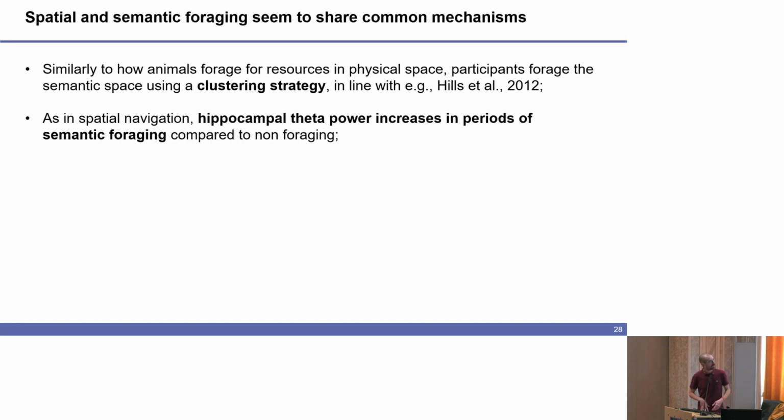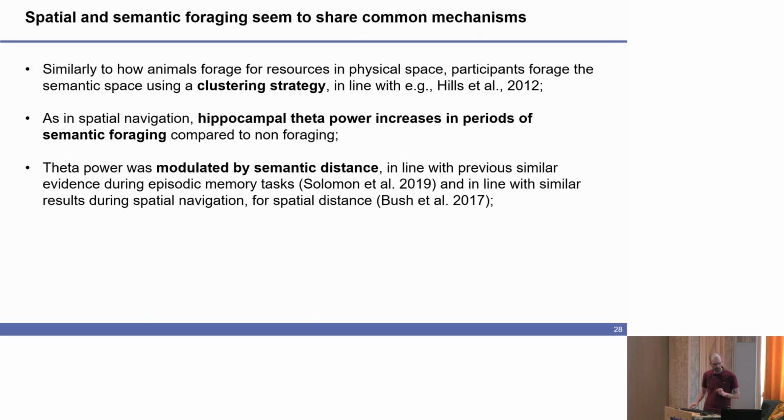In terms of neural data, we have reported that as it happens in spatial navigation, hippocampal theta power increases in periods of semantic foraging compared to non-foraging. And moreover, that this increase in theta power was modulated by the semantic distance between words. And this is in line with previous evidence during episodic memory tasks, but also during spatial navigation for spatial distance.